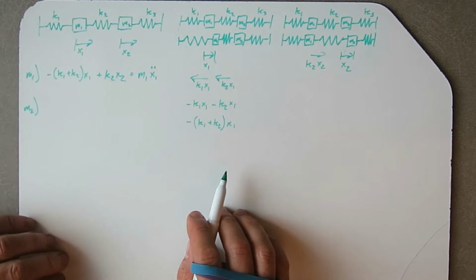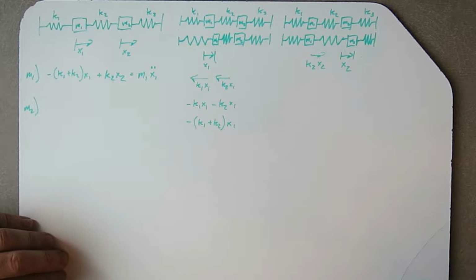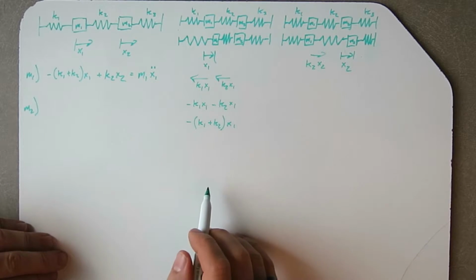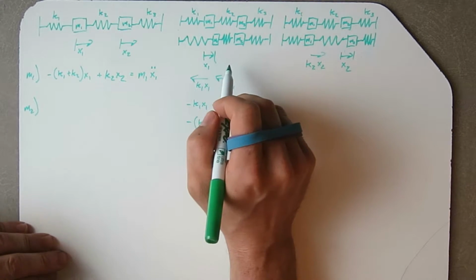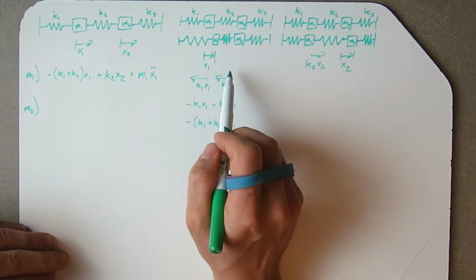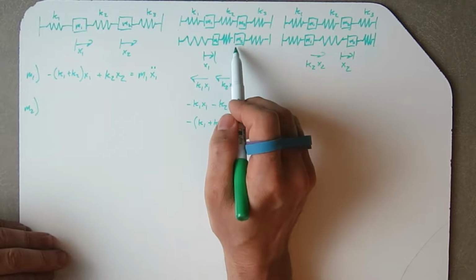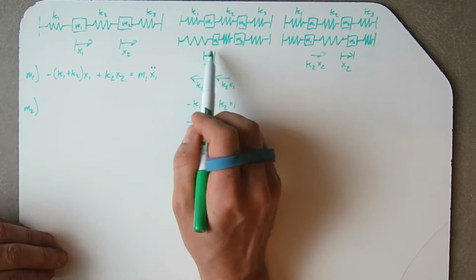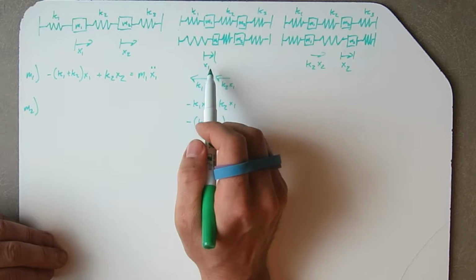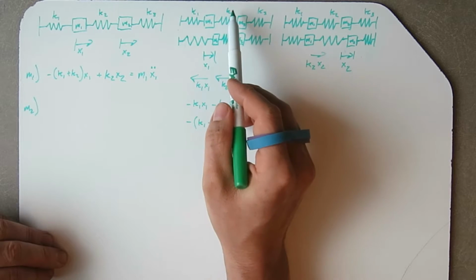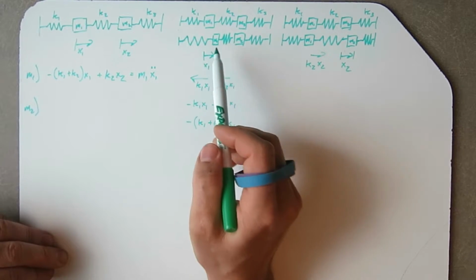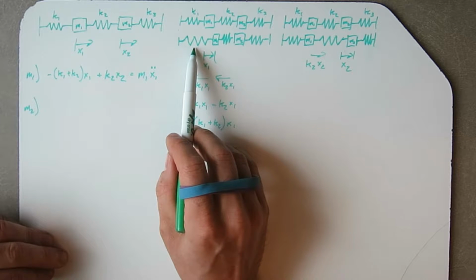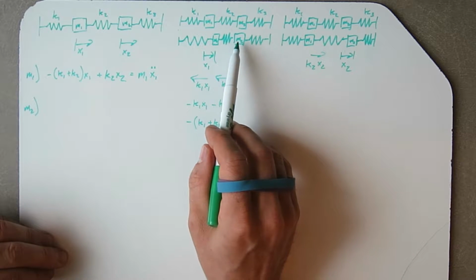And now we will consider the differential equation for M2. So once again, we will first consider what M2 feels from a positive displacement of x1. When x1 is moved forward, K2 is squished, K1 is elongated. M2 is not going to feel anything from K1 directly.